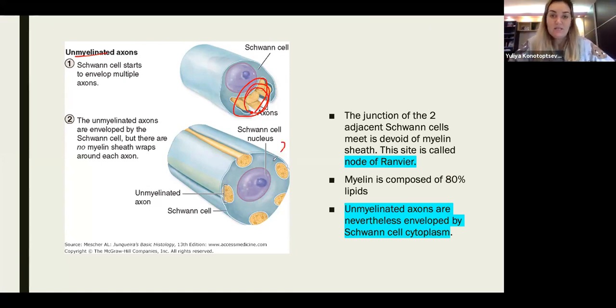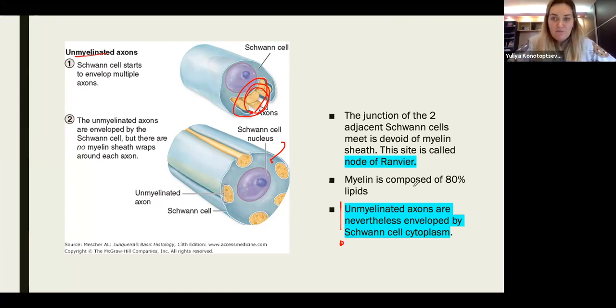Or the same idea is here, just from two different sides. The most important thing is that unmyelinated axons still have Schwann cells. They still are covered by the Schwann cells, just not entirely. The myelin sheath is absent, right?